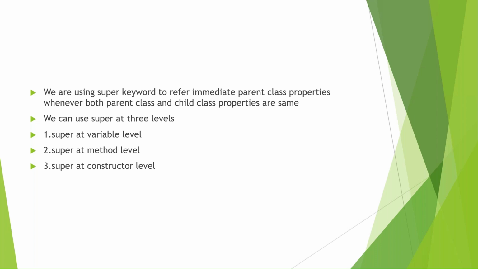In that way, to refer to my parent class properties, whenever both parent class and child class properties are the same, whether variable, method, or constructor, it matters. Usually when applying the inheritance concept, we create the child class object, but if you call any property on this object, we only get the child class property values. But if my requirement is to access my parent class properties also, use this super keyword.